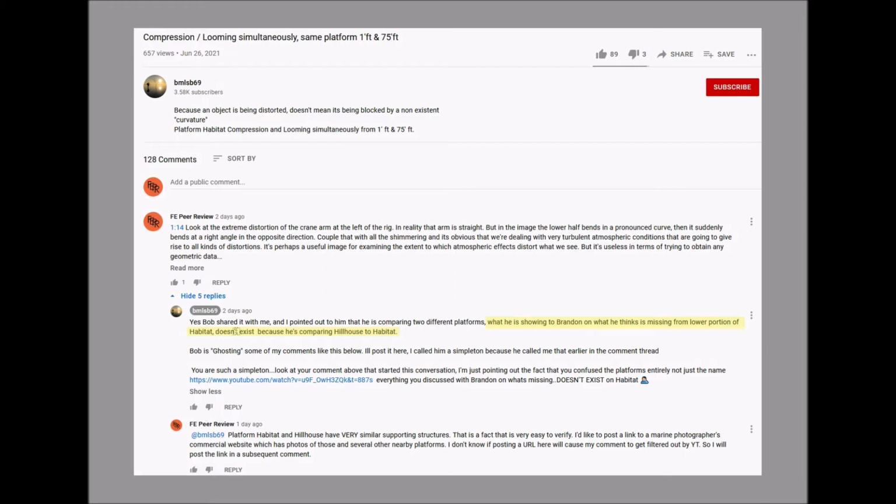So it's an apples to oranges comparison. Well, that's not true. It's got an almost identical arrangement of elements to Hill House, and I'll show that in a minute. So I responded, platform habitat and Hill House have very similar supporting structures. This is a fact that's easy to verify, etc.